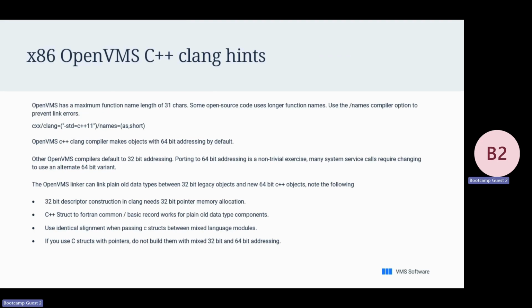Here's some hints that go with using the Clang compiler. I should note that the Clang compiler is only available on x86 OpenVMS. And the operating system has a function name length of 31 characters.